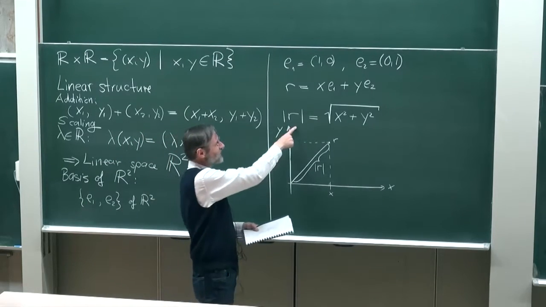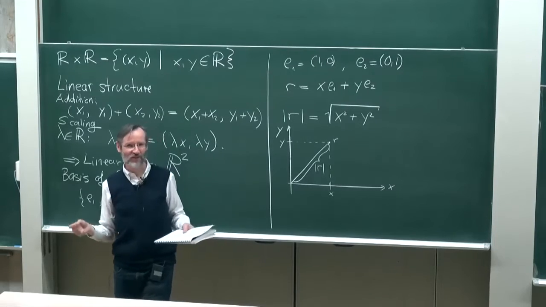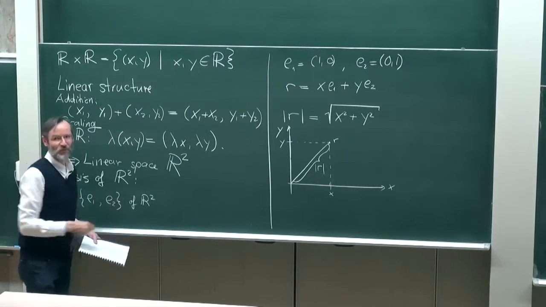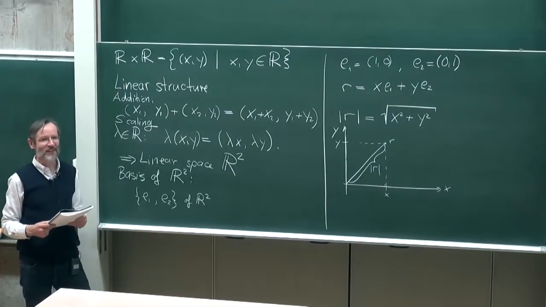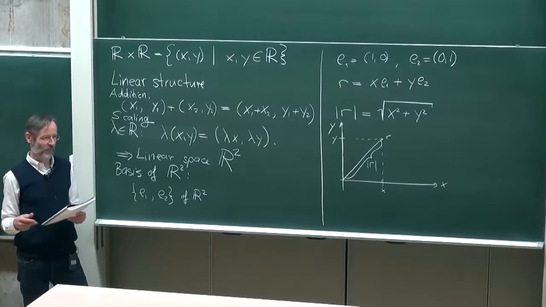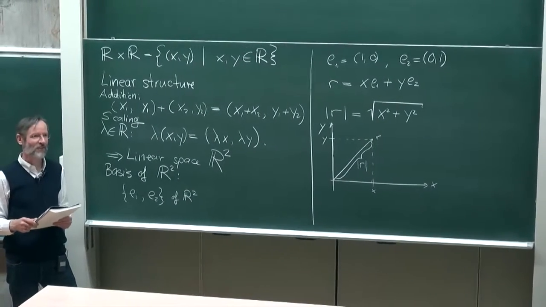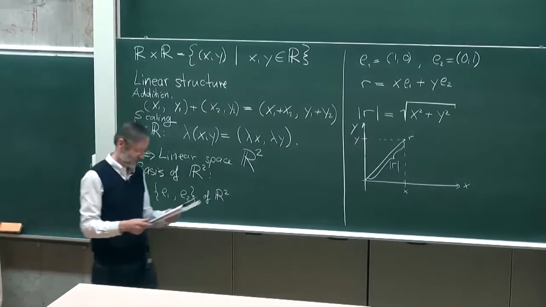So the introduction of the length, that means you can measure a distance, that makes the plane R2 what's called in mathematics, and it refers back to a very famous ancient mathematician, a so-called Euclidean plane.